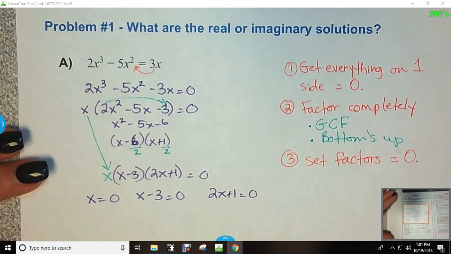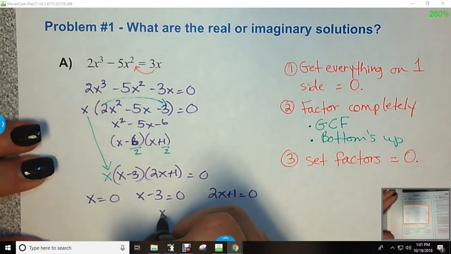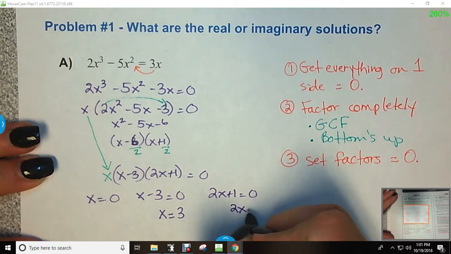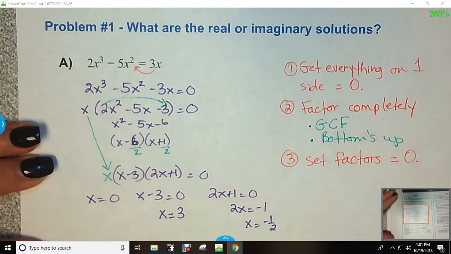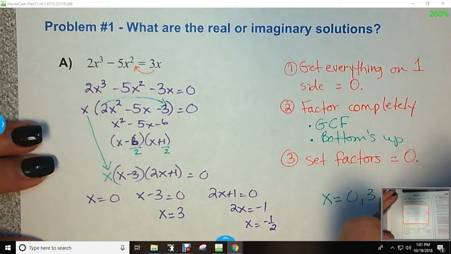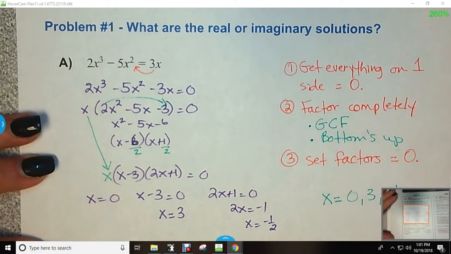Okay, x equals 0 is already solved. Move my 3 over for this one. And there's the last one. My solutions are 0, 3, and negative 1/2.